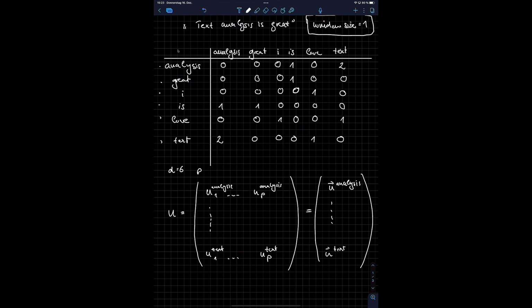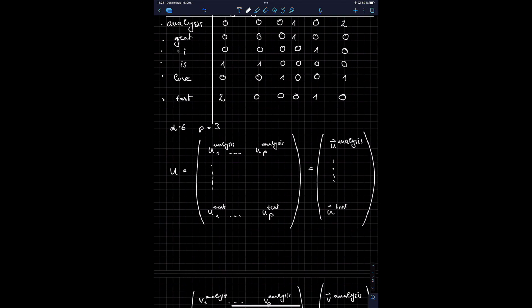So for instance, p usually obviously is a smaller number. Let's assume in our example that would be, for instance, 3. And in reality, it may be, as I said, 100 or 200 or something like this. Then we would have the matrix with word vectors. And those vectors are representing the words in the middle.